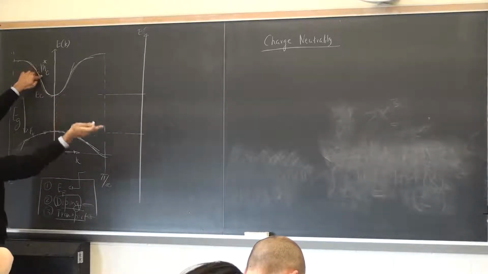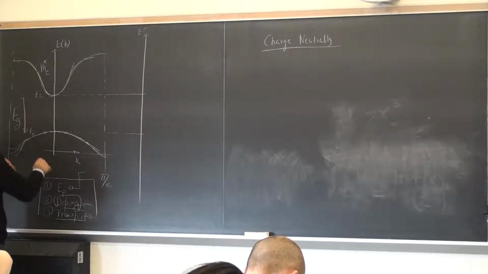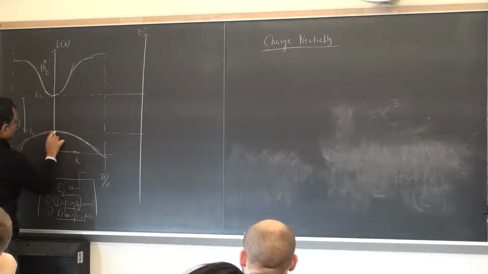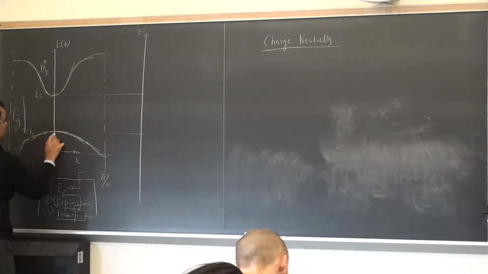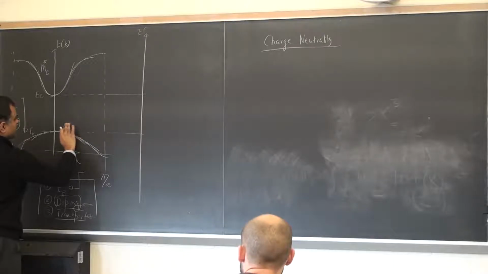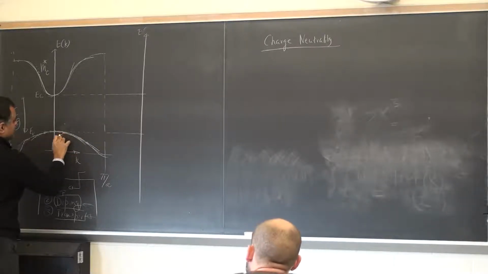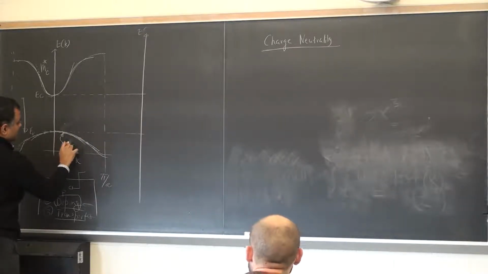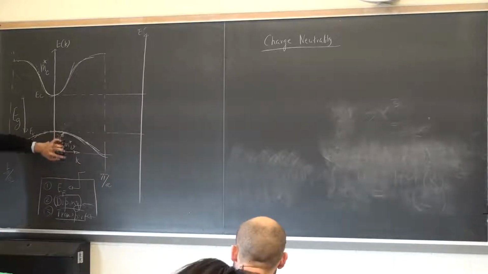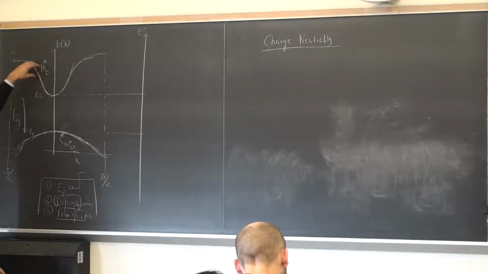Sometimes it's m star e for electrons, and I'm writing c for the conduction band. Similarly here, the curvature or the effective mass, I'm going to write as m star v. So these are the notations, and I hope this is very standard now.